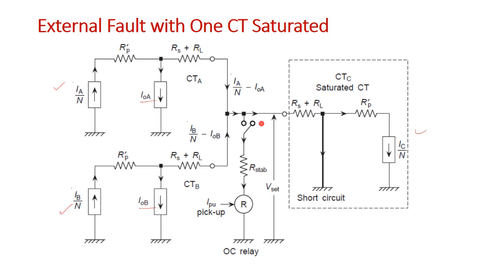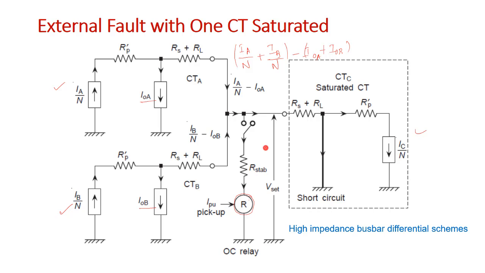Now you can see that this is your relay connected in the spill path, that is, an overcurrent relay. Let us consider first what will be the current flowing through this: it will be IA by N plus IB by N, sorry, here it will be minus IOA plus IOB, right?